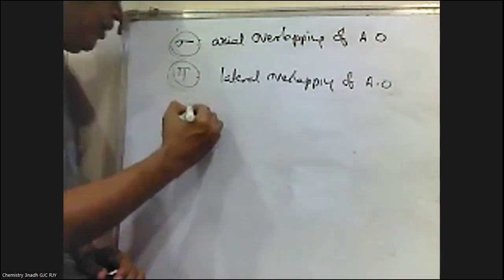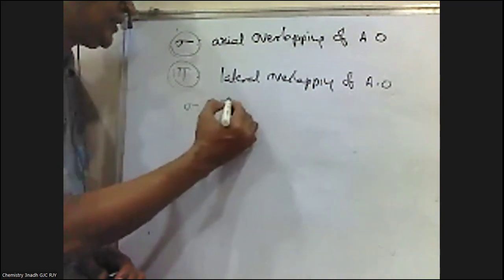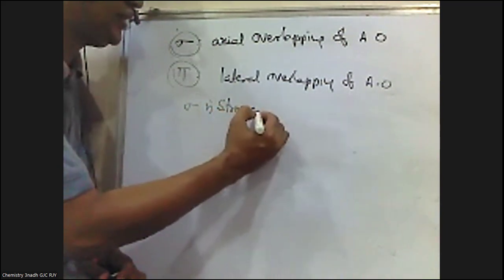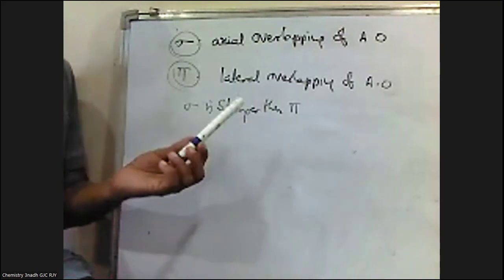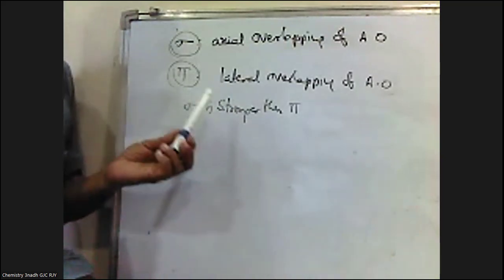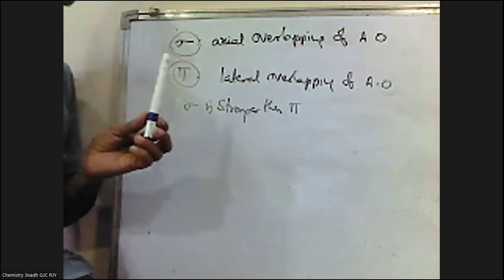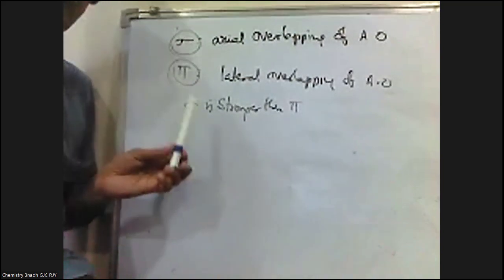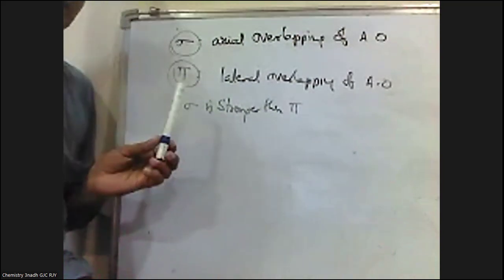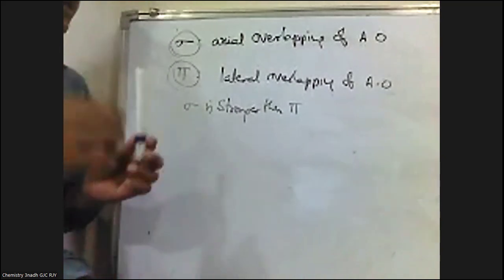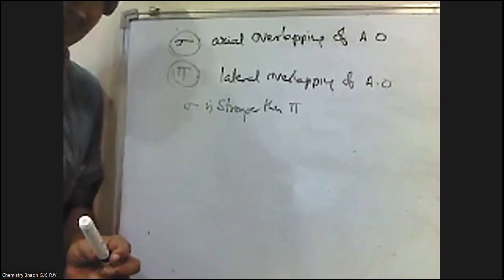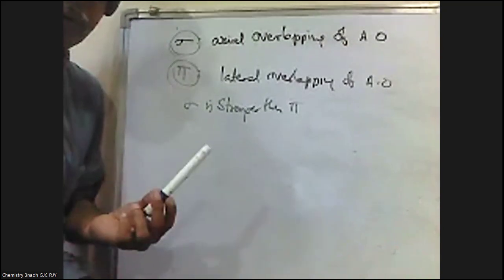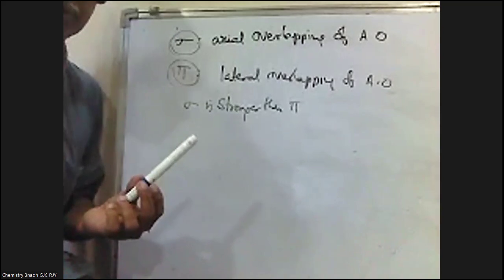And a sigma bond is stronger than a pi bond, whereas a pi bond is weaker than a sigma bond. And why does a pi bond not form independently? We know that a pi bond is formed by the lateral overlapping of atomic orbitals.